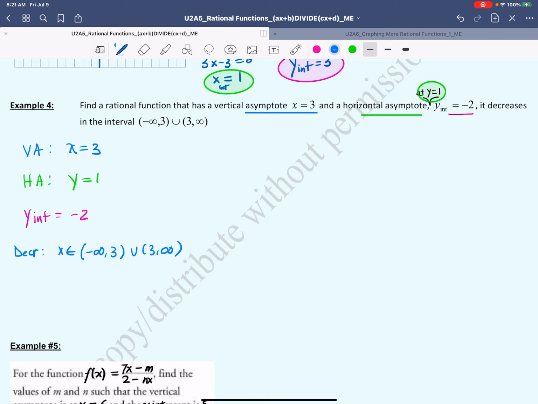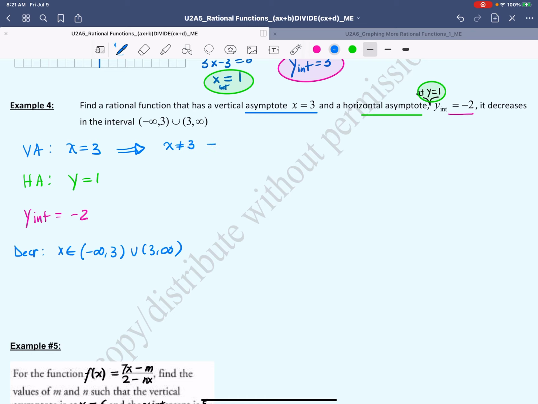Whenever we are solving such problems, we need to interpret the information, or learn how to read the information differently. A vertical asymptote to me means that this function must have had some restriction in the domain. And the restriction must have been x different than 3.